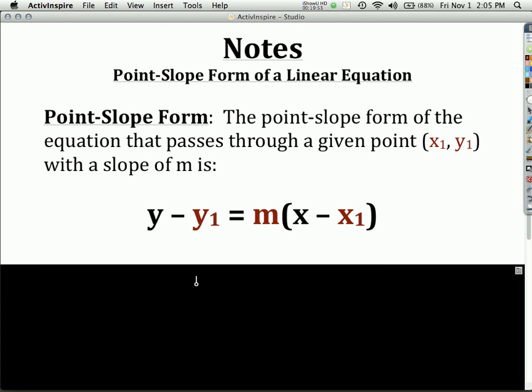The pieces in black are the pieces that are always going to stay the same. So y minus is always going to be there. We provide this. The equal sign is always going to be there. We provide this. Open parentheses, x minus, always there. We provide this. Close parentheses is always there.